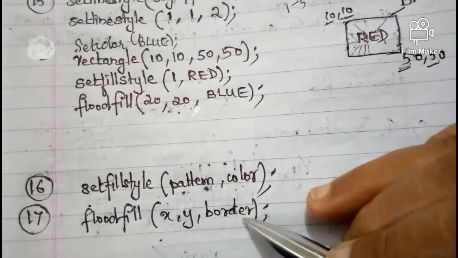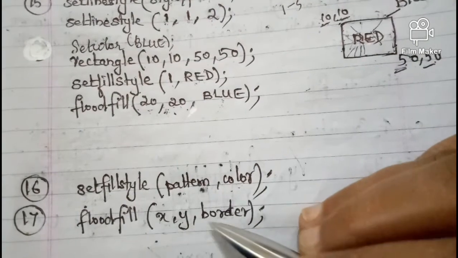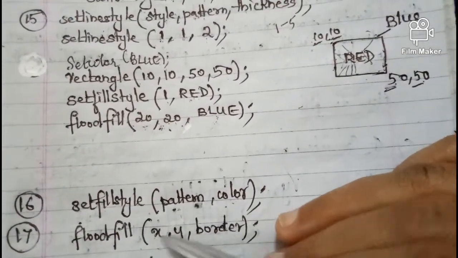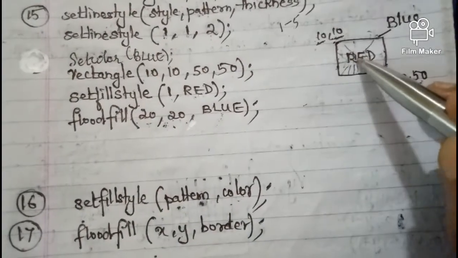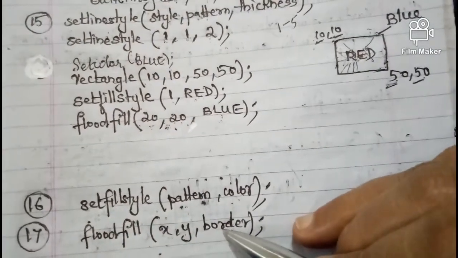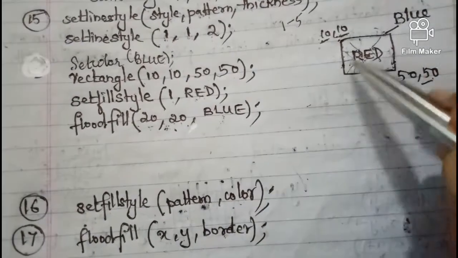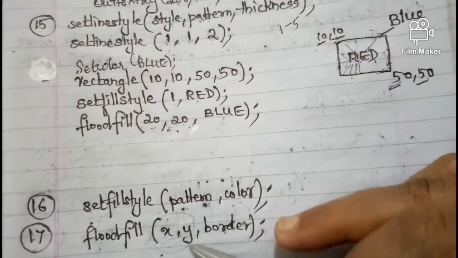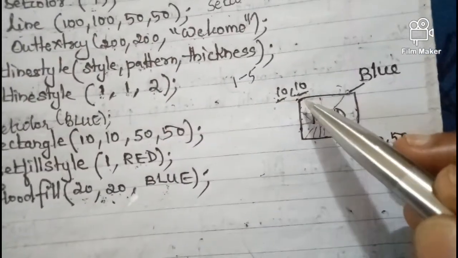Flood fill function has three arguments, x, y and border. X and y specifies the interior point inside the region. Third argument specifies the color of the border, which is blue. Now how to give this interior point? Let us examine.